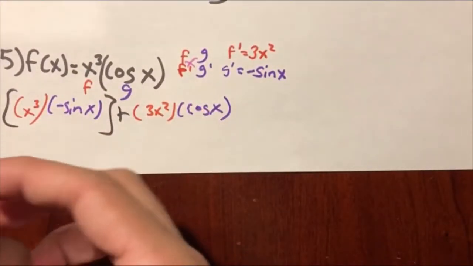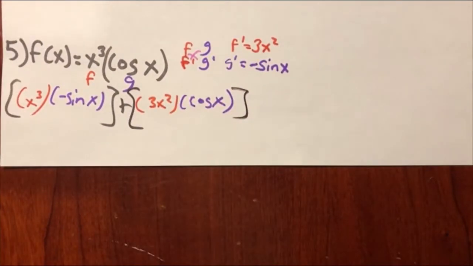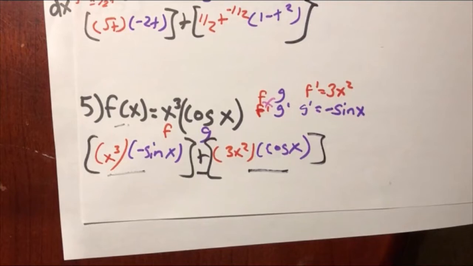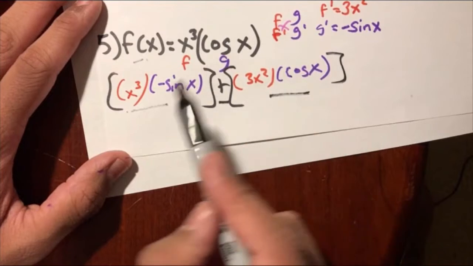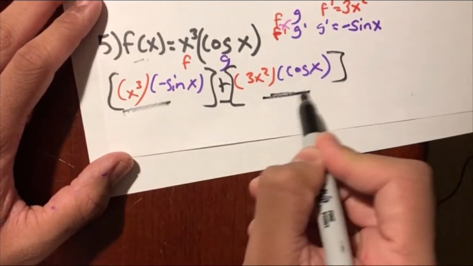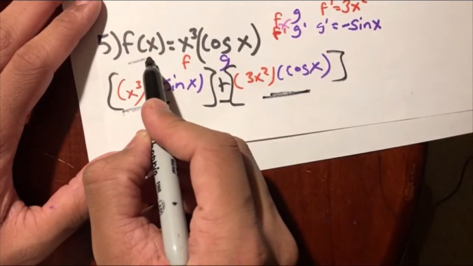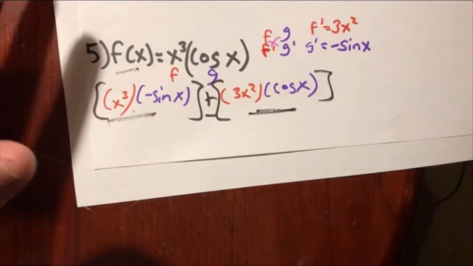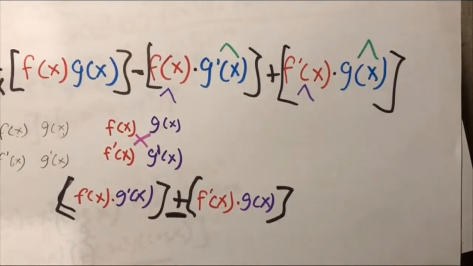And quantize that as well. So that should be your function. So I set it up like that, and then I have my two quantities, which I would multiply, then add, and then I would get my derivative of the function. So that's product rule. That is product rule right there for you.